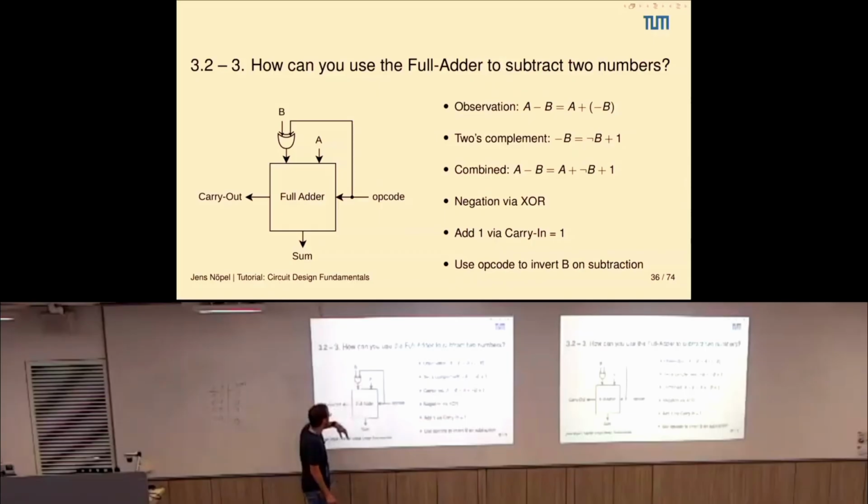If not, then we just forward B. And also, if we have the subtraction in the opcode, we set the carry-in bit as well to get this +1. Question regarding this one. Everyone understood the idea how we come from a - b to the negation +1 thing, and how we use a full adder to realize this.